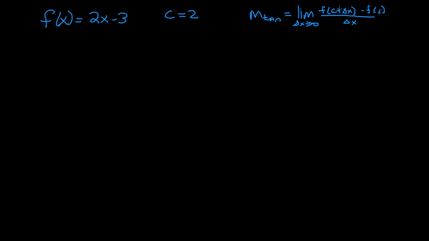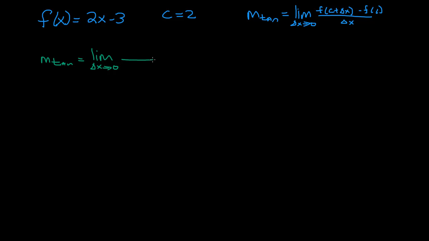Now let's apply this limit definition to this function. So we can say that the slope of the tangent line we're concerned with is equal to the limit as delta x approaches 0 of our difference quotient. Now let's apply just some algebra here. We have f at c plus delta x.